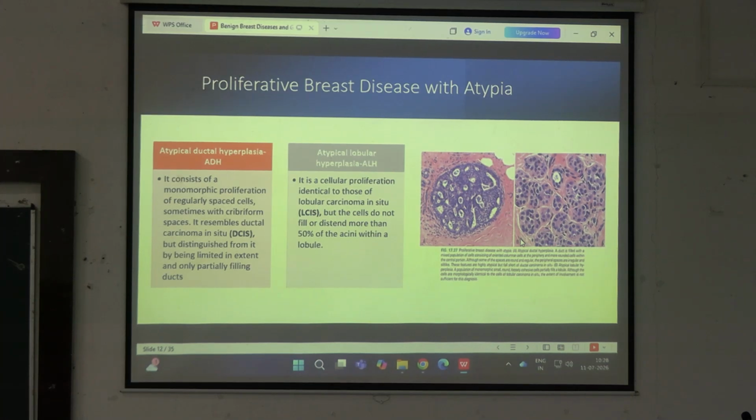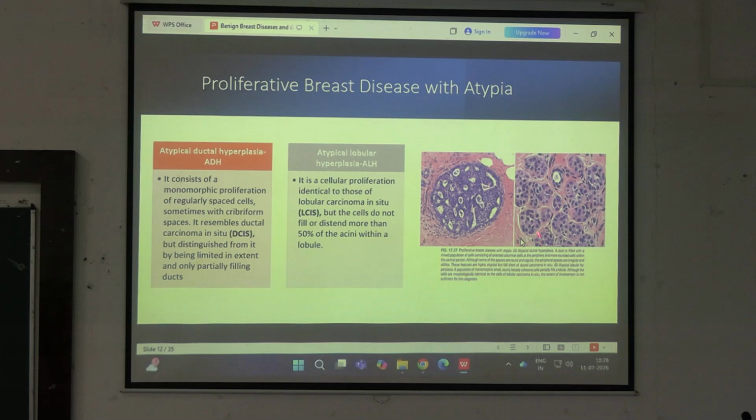There will be monomorphic proliferation of cells, but this will not entirely fill the duct, which is present in ductal carcinoma in situ. Similarly, in lobular hyperplasia, it will be present in less than 50% of the acini. So these are the atypical hyperplasias.